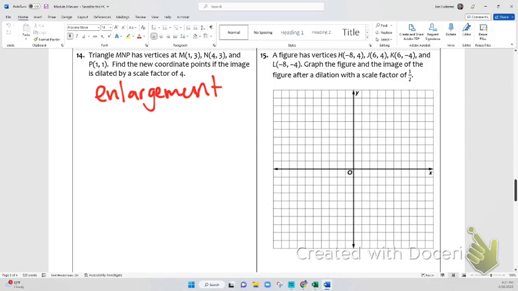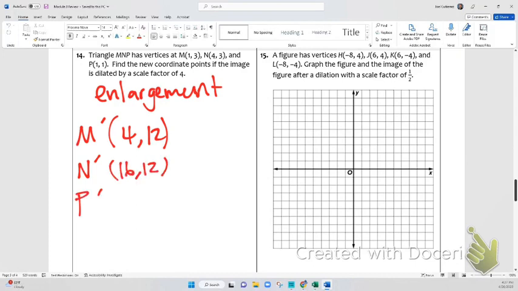And all you do here is multiply all your coordinate points times 4. So the new M, we take our 1, multiply it times 4, that gives you 4. You take your 3, multiply it by 4, it gives you 12. And then for the N and the P, this now becomes a 16 and a 12.